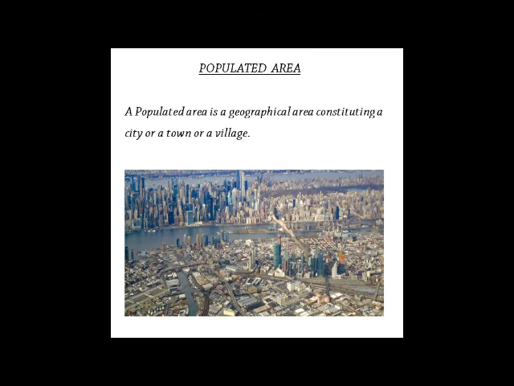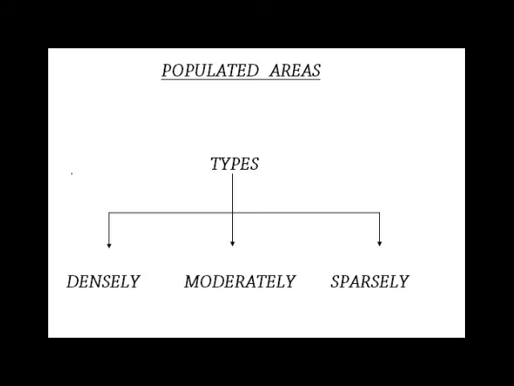Next we come to populated area. A populated area is a geographical area constituting a city or a town or a village. Broadly, there are three types of populated areas: densely populated, moderately populated, and sparsely populated. So let's study them one by one.